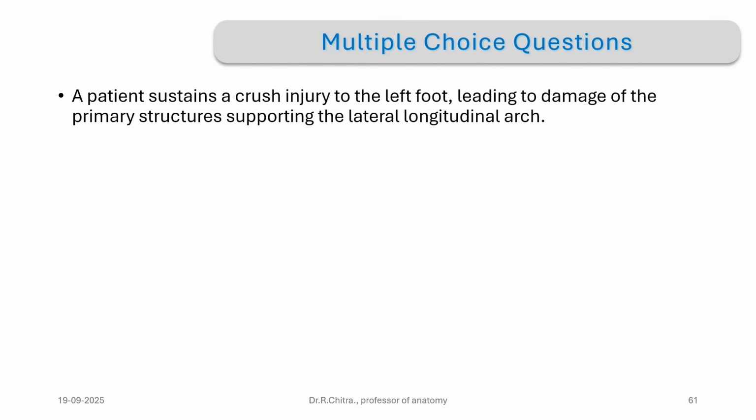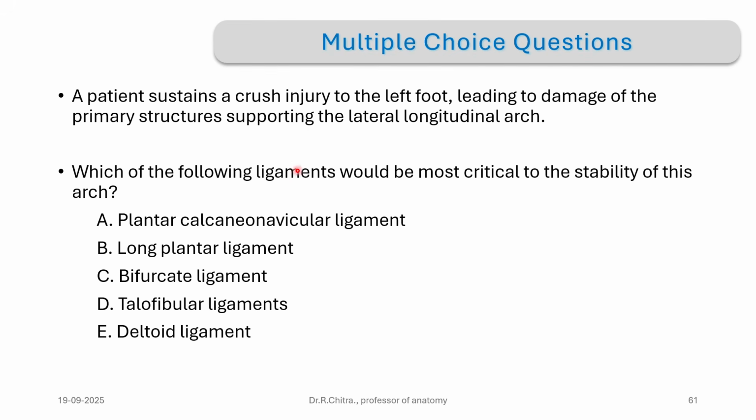A patient sustains a crush injury to the left foot leading to damage of the primary structure supporting the lateral longitudinal arch. Which of the following ligaments is critical to the stability of this arch? So it is lateral arch. Main ligament is long plantar ligament.